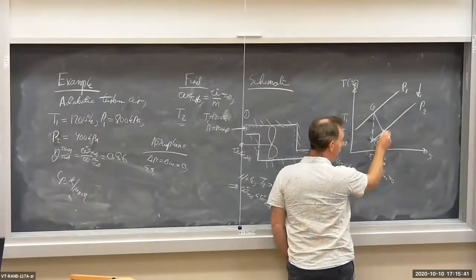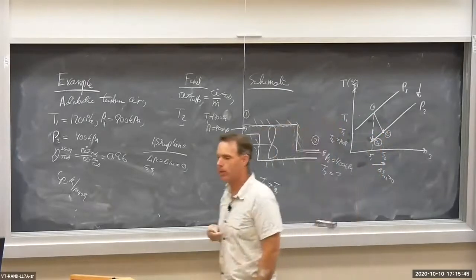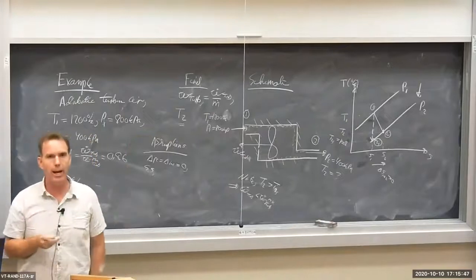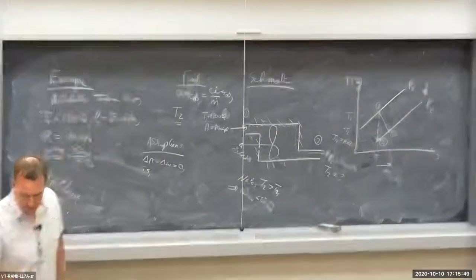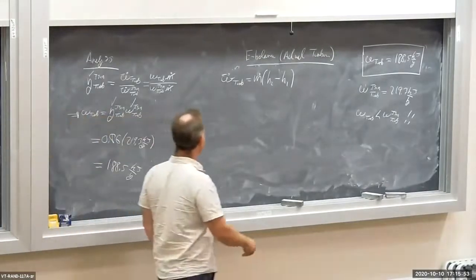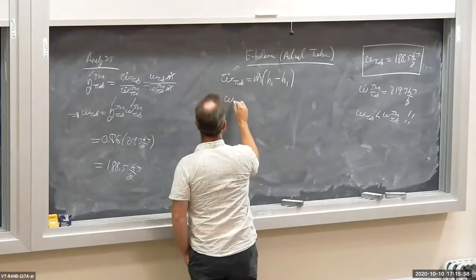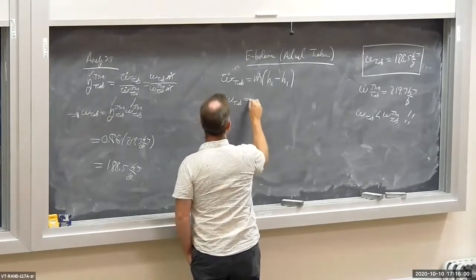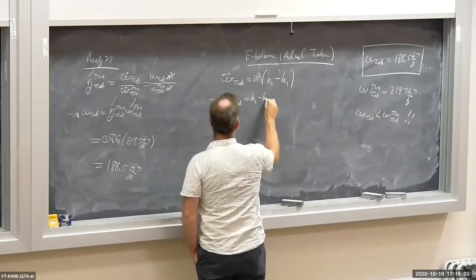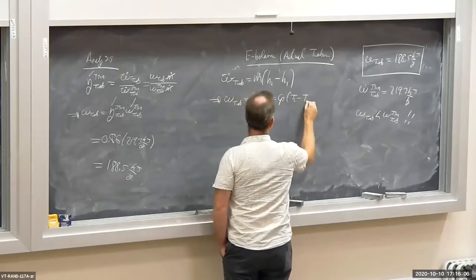The isentropic device was 1 to 2 sub S. That's why in the energy balance for the isentropic device, at state 2, I had a 2 sub S. But the real turbine goes from 1 to 2. And of course, this implies W turbine is equal to H2 minus H1, which is CP times T2 minus T1.